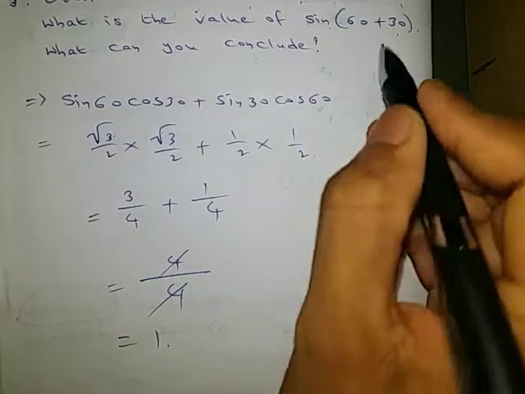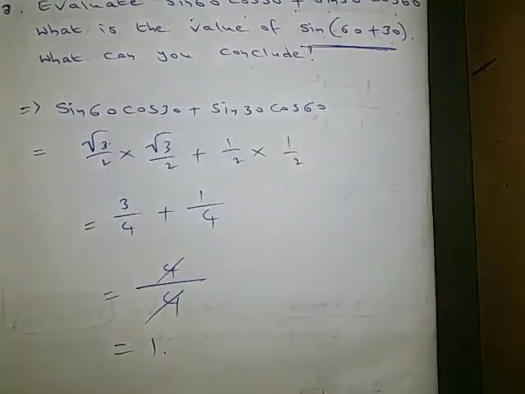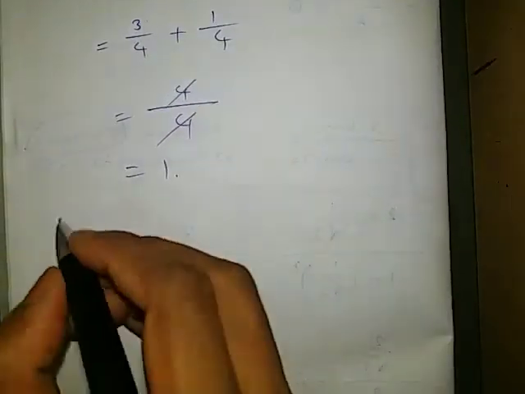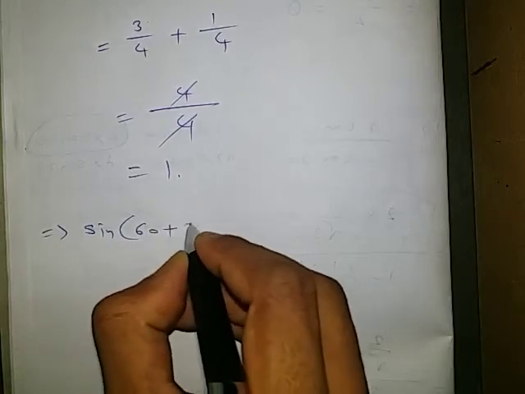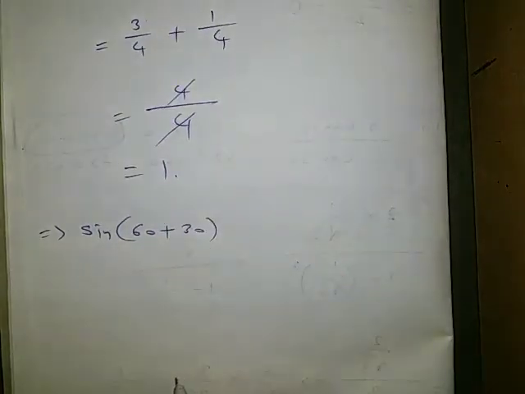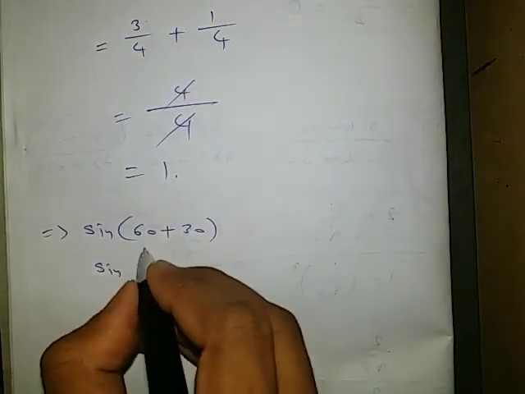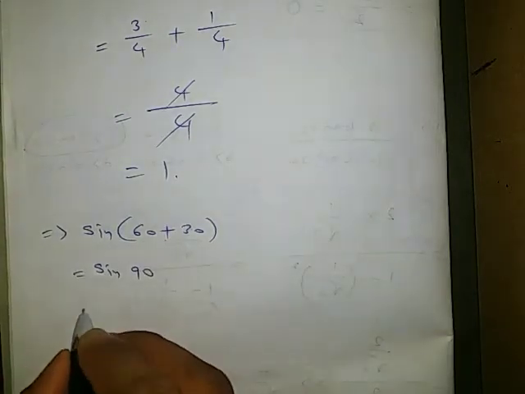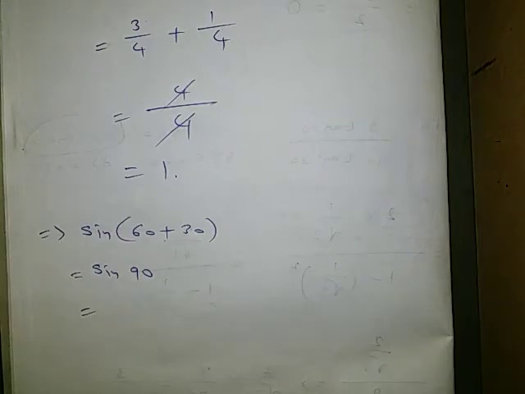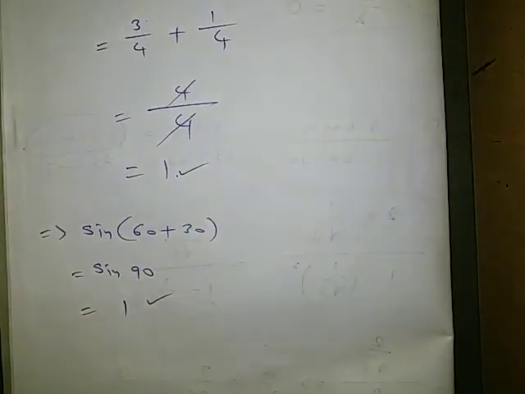Next, what is the value of sin of 60 plus 30? Sin of 60 plus 30, so 60 plus 30 is nothing but 90. The value of sin 90 is 1. This is also 1, so this is also 1. So from these two, what can we conclude?